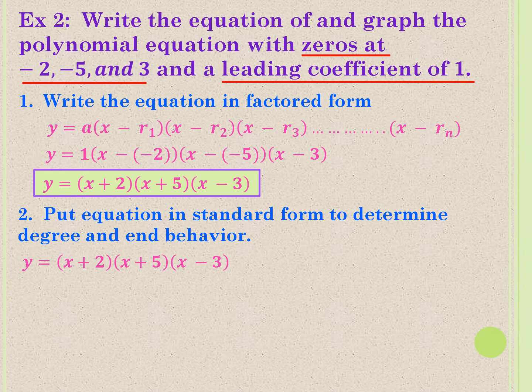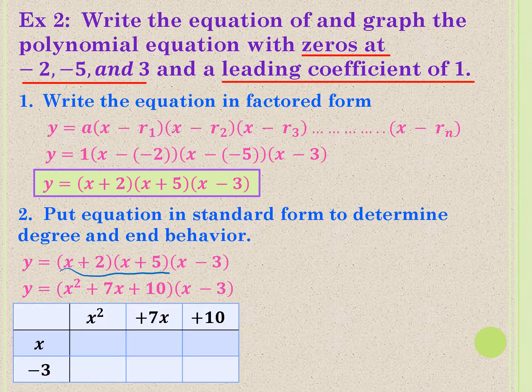I am a very type A personality, so I always multiply the first 2 together. So, when I multiply x plus 2 times x plus 5, I get x squared plus 7x plus 10. Then I take that trinomial and I multiply it by x minus 3. Now again, you can do double distribution or you can do the box.